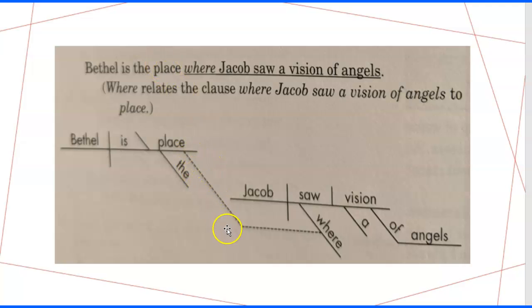So we draw our dotted line and we know that we're going to have a subject and verb. So who saw? Jacob saw. What did Jacob see? Or what did Jacob do? He saw. Jacob saw what? Vision. So there's how our diagram works. They drop a prepositional phrase here. Vision of what? Of angels.